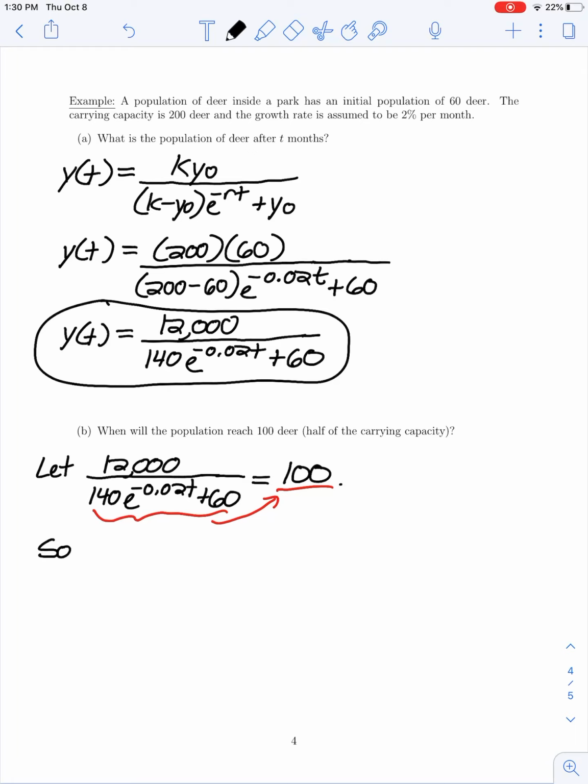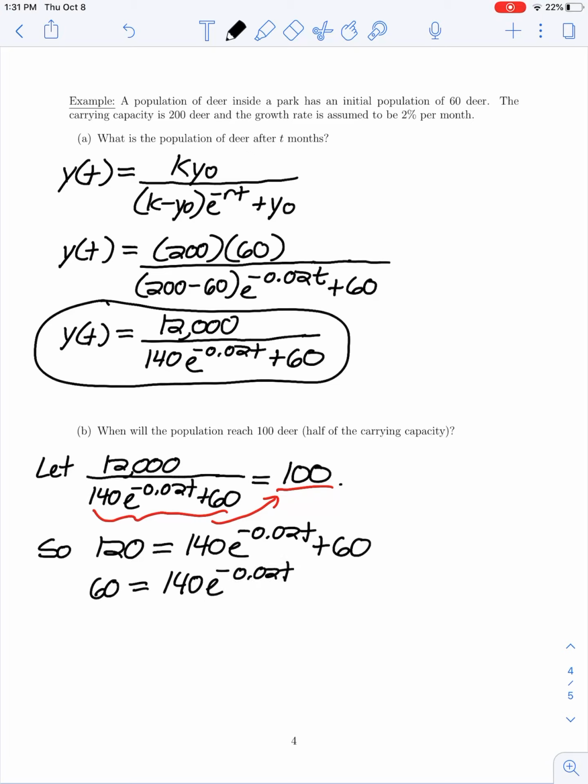So on the left-hand side, we would have 12,000 divided by 100, which gives us 120, and that would equal 140 e to the negative 0.02t plus 60. And from here, I could subtract 60 from both sides, giving me 60 equals 140 e to the negative 0.02t.